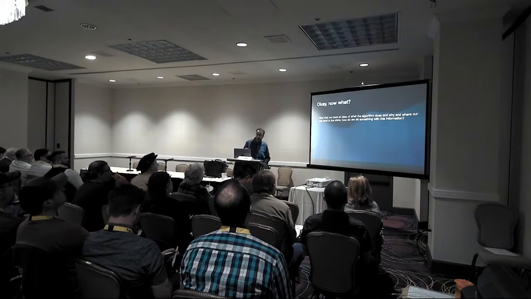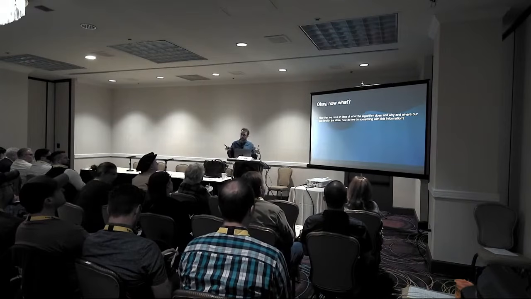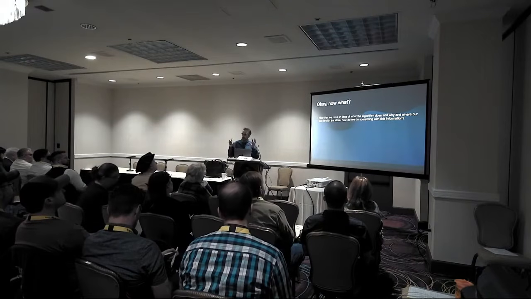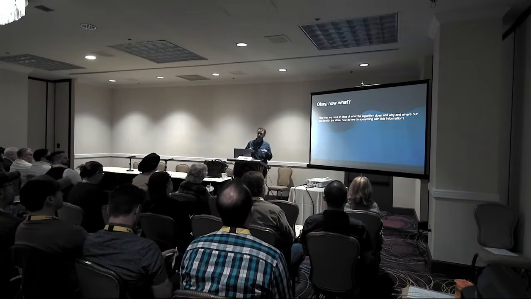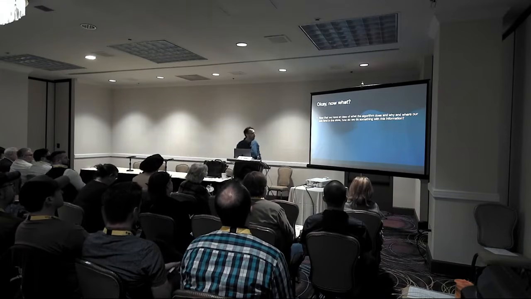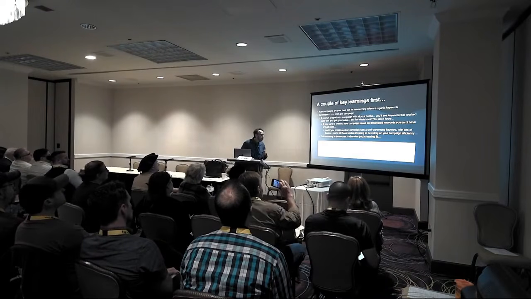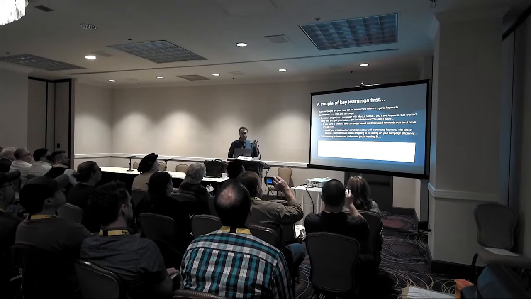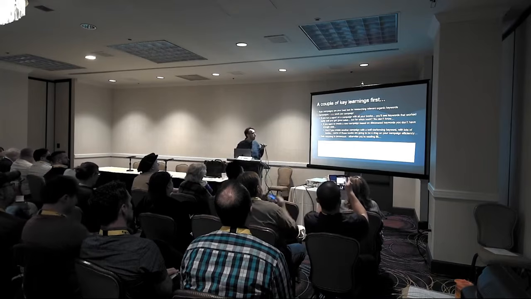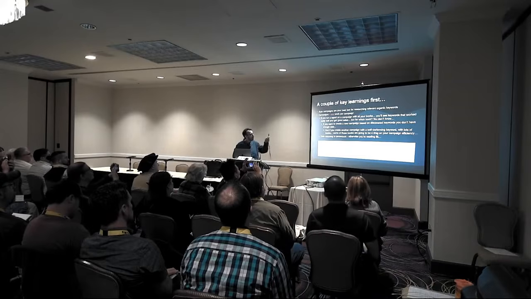All right, so now what? We kind of have an idea of what the algorithm's trying to do. There's obviously elements that go into how it makes these decisions. Let's start talking about things a little more tactically. I'm only going to cover a couple of key things, so key learnings here.